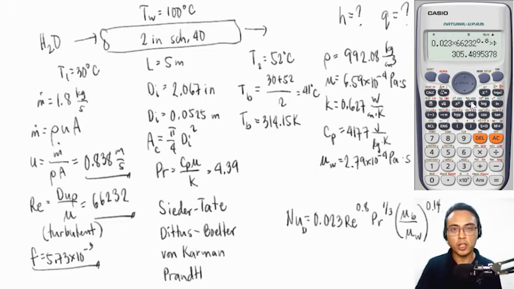We get a value of the Nusselt number as 305.5. That is from the Sieder-Tate equation.